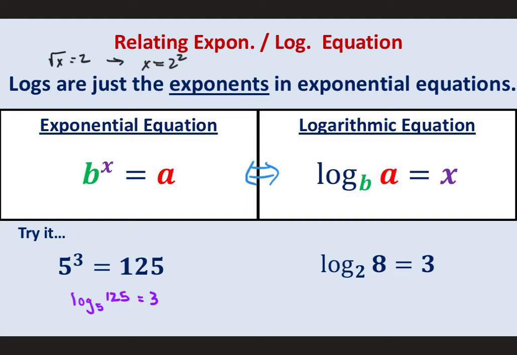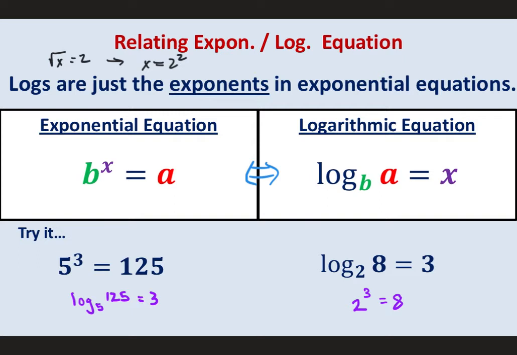Okay, and then the other way of doing things, this is a log. We're going to rewrite it as an exponential. So when we rewrite it as an exponential, it should be a true statement. You'll kind of see that in a second. We're going to take the base of the log. The base of the log is this 2 right here. So we're going to say 2, and then we're going to go to the other side, the 3, the answer there. 2 to the third power equals 8.